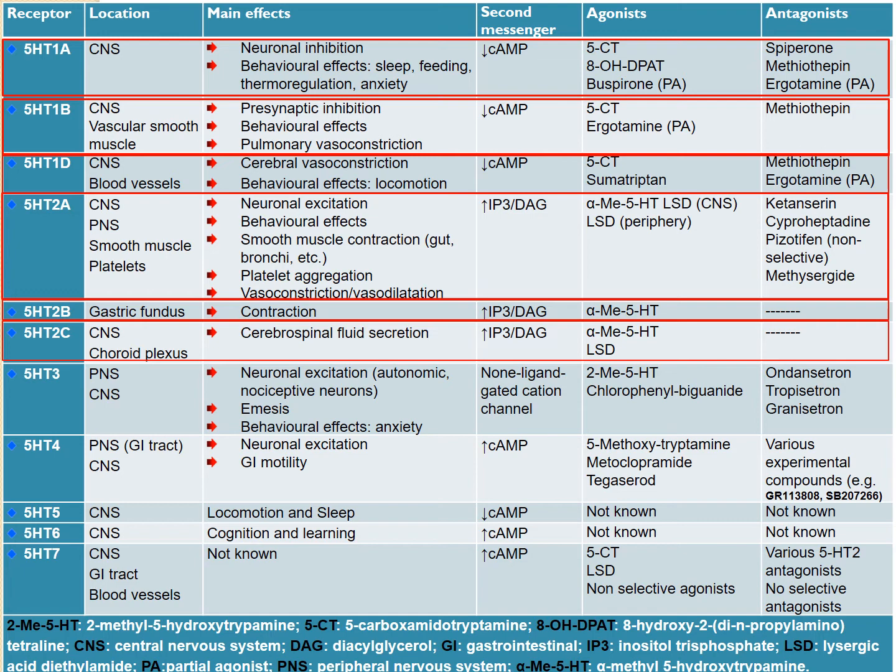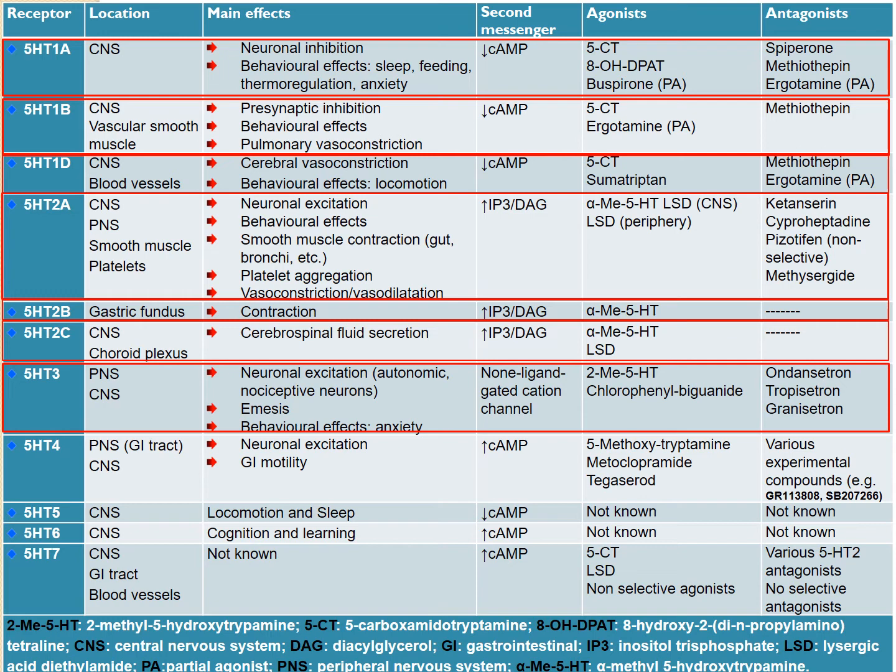Then the next receptor is the seventh receptor, that is the 5-HT3 receptor. It is mainly located at the peripheral nervous system and the central nervous system. It is involved in functions like neuronal excitation at the autonomic nociceptive neurons, emesis, behavioral effects, and anxiety.